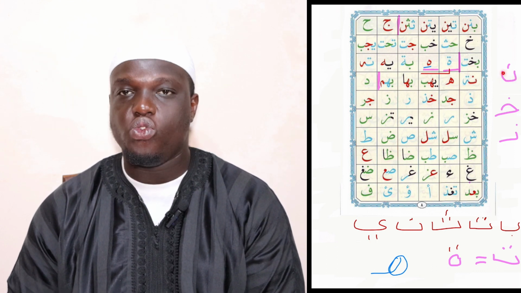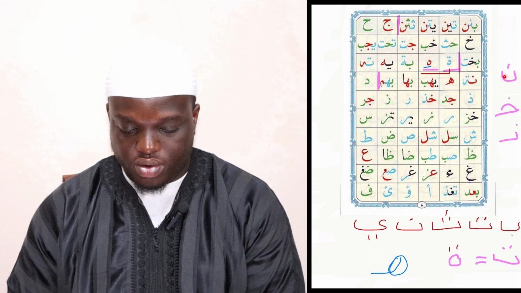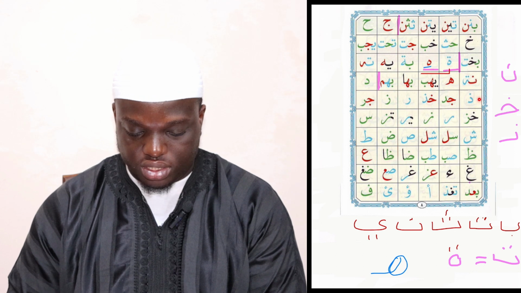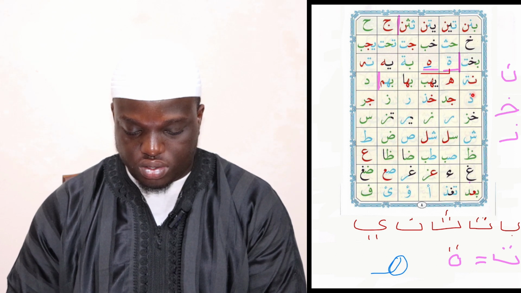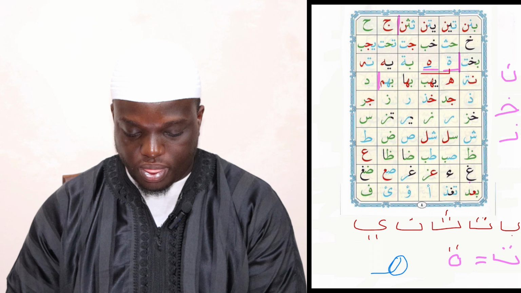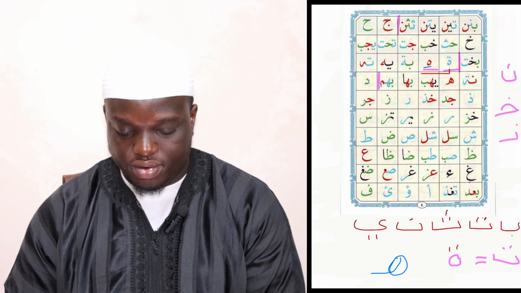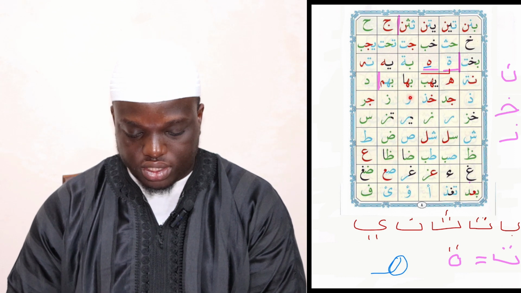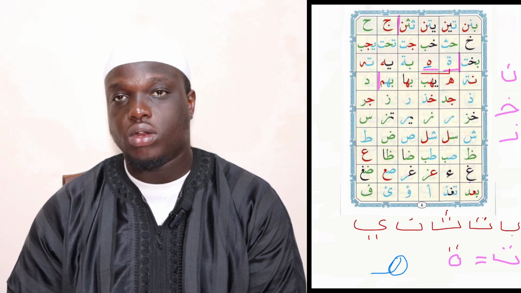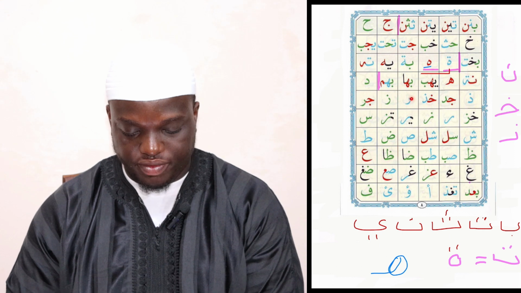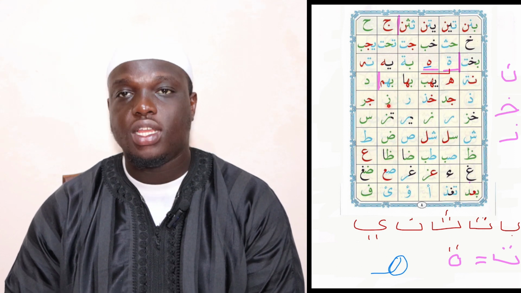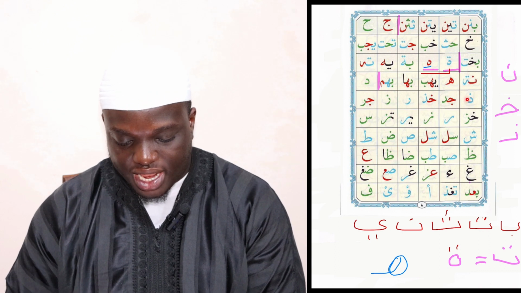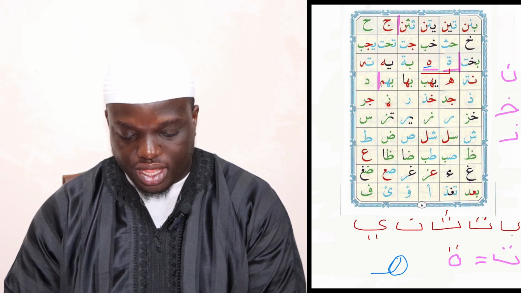It looks like a U. Dhal, you can see. So this is dhal. So kha, dhal. What letter is this? Ra, it's obvious. What letter is this? Za. So we're looking at dal, dhal, ra, and za.